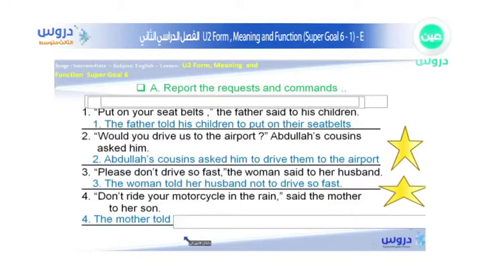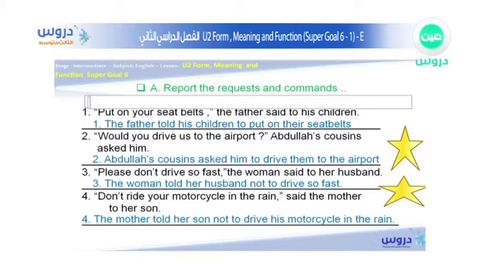Okay, not to drive his motorcycle in the rain. Beautiful. Everyone, all of you, thank you very much. That's right. The mother told her son not to drive his motorcycle in the rain. Beautiful. Thank you very much, all of you.